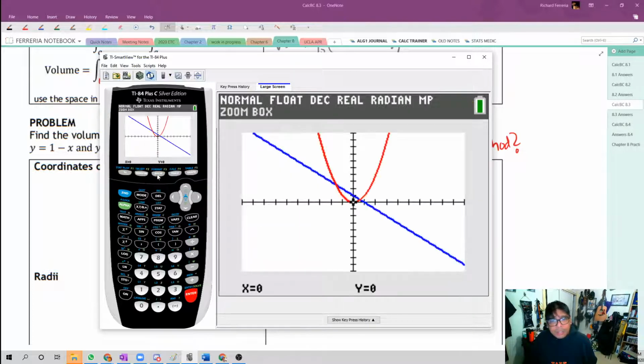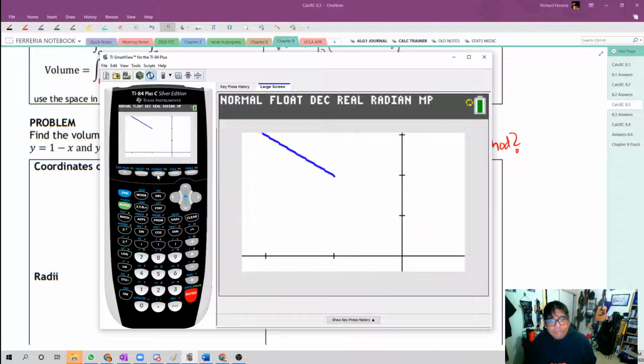So zoom box. Let's get to where that lower corner would be safely. And let's go to the opposite diagonal corner. Maybe right around there. And let's try and get this to be the same proportion as the viewing window.